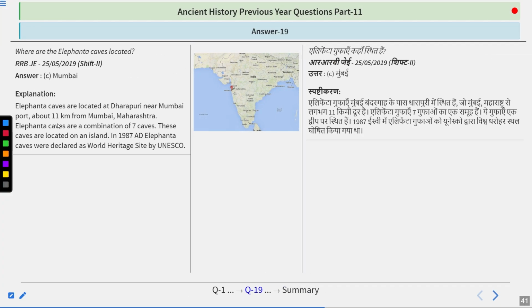We just discussed this one. The answer is Mumbai. Elephanta Caves, located at Gharapuri near Mumbai port, about 11 kilometers from Mumbai. Elephanta Caves are a combination of 7 caves. These caves are located on an island. In 1987, Elephanta Caves were declared a UNESCO World Heritage Site. Currently, India has a total of 43 UNESCO World Heritage Sites.